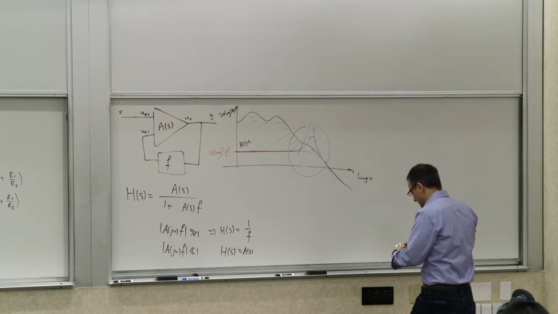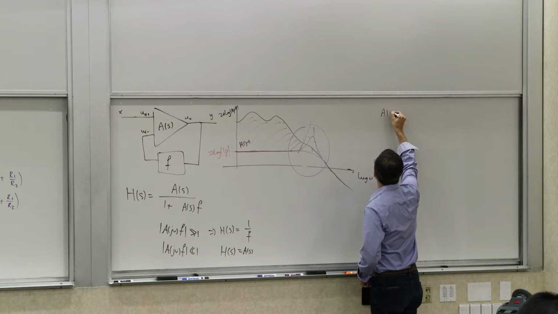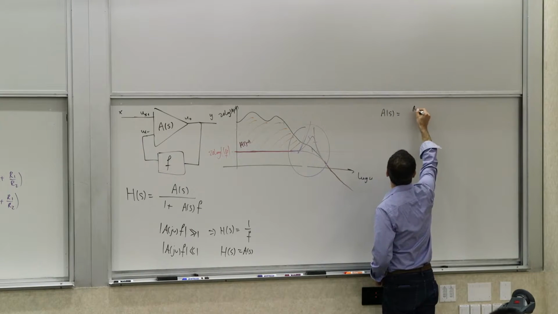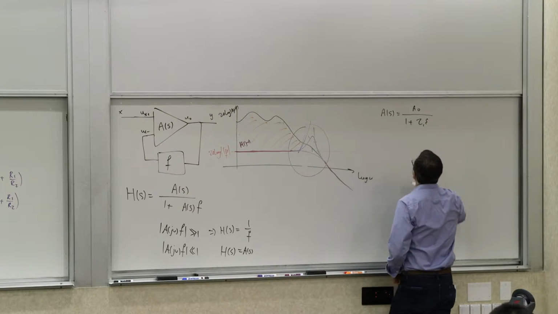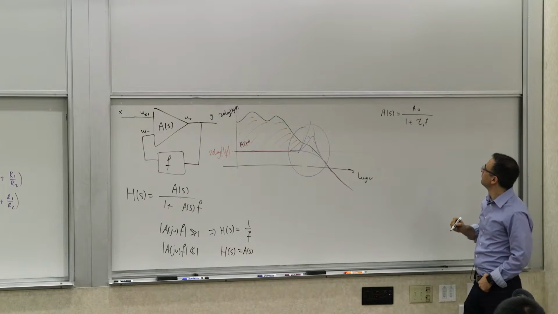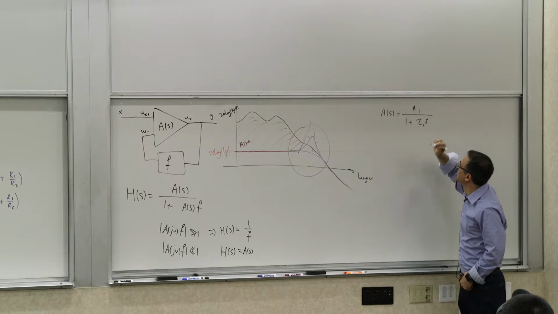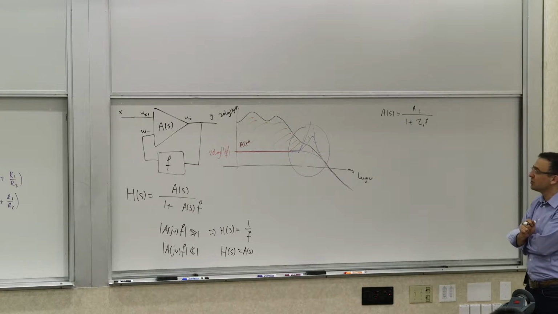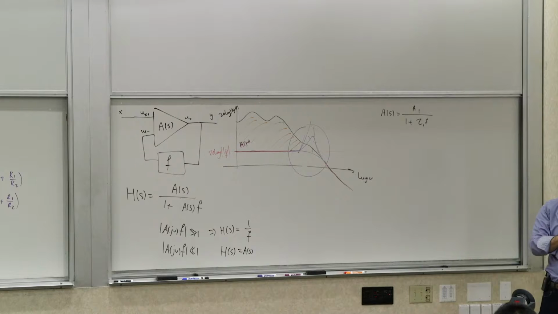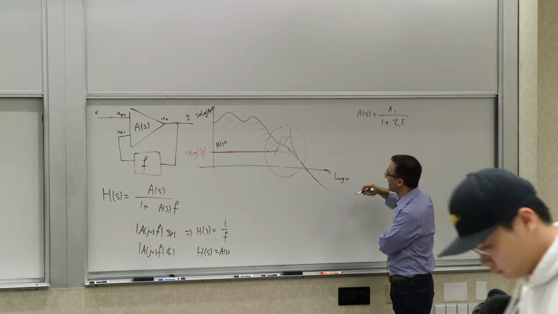So let's do a quick example. Let's say your forward system is a first order system, A1 over 1 plus tau 1 s. Right? So let's say that's your gain. Then let's say we apply feedback to this, and you place it in that configuration.